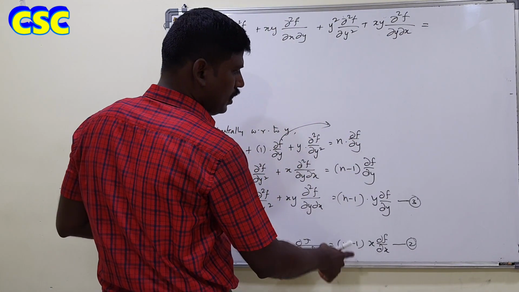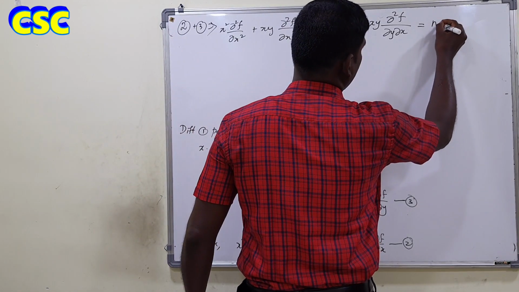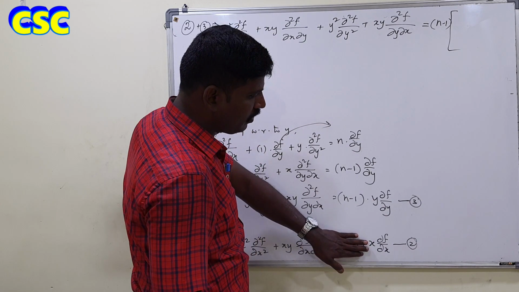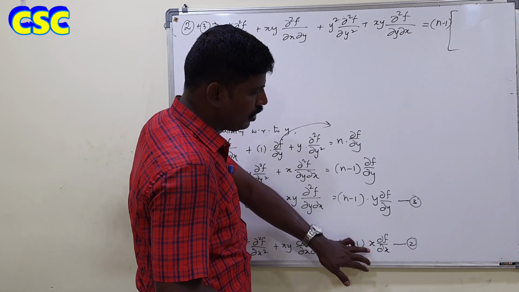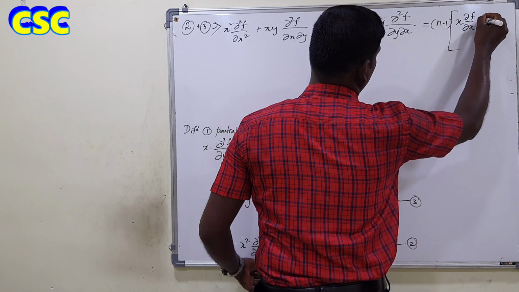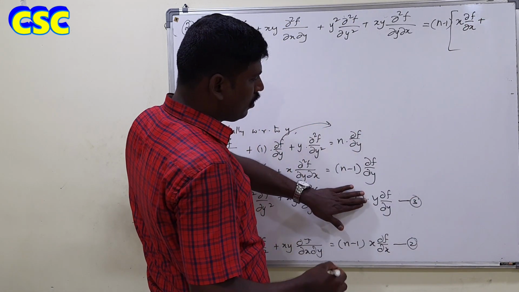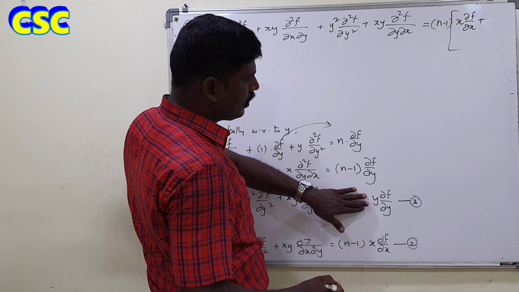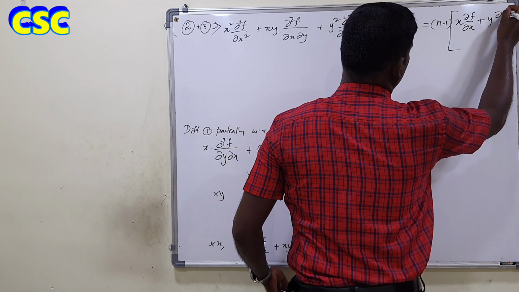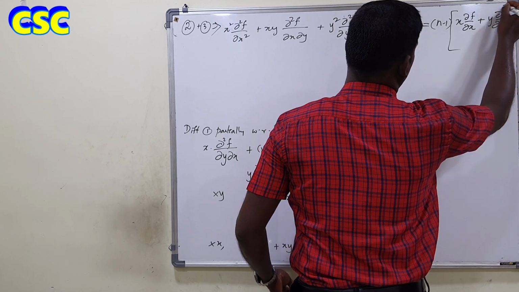On the right hand side, n minus 1 is common, so we can take n minus 1 as common from both. What remains in the right hand side of the second one? x into dou f by dou x. Plus, taking n minus 1 common from the right hand side of the third, it becomes y into dou f by dou y.